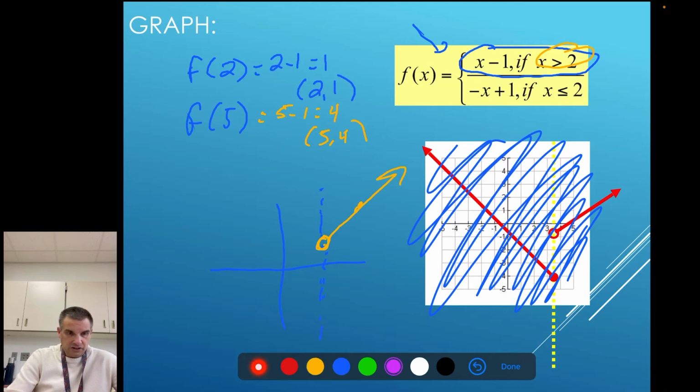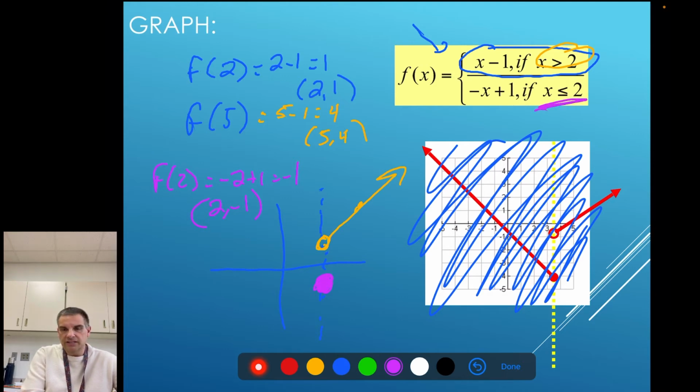My second function, now I have to pick values that are less than or equal to 2. So I'm going to pick 2 again. If I pick 2, I've got negative 2 plus 1, which is negative 1. So I've got the point 2, negative 1, which is right there. This is going to be a closed circle because it can equal it.